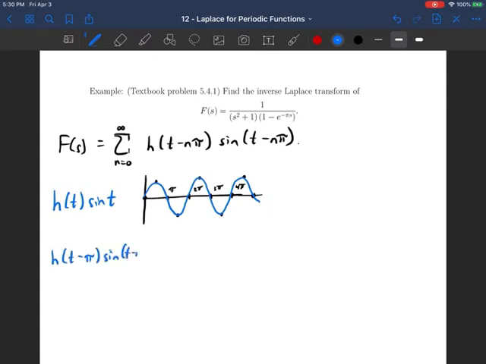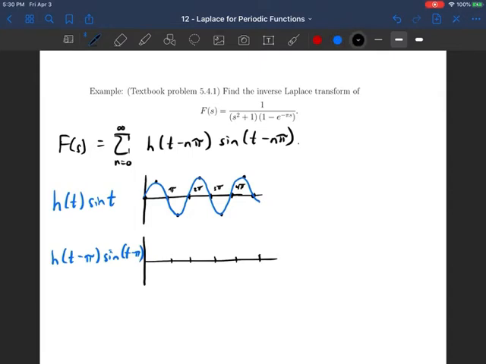Now the second function that we have would be h of t minus pi times sine of t minus pi. What does that look like? Well, it looks pretty similar. Let me see if I can line up my axes here.